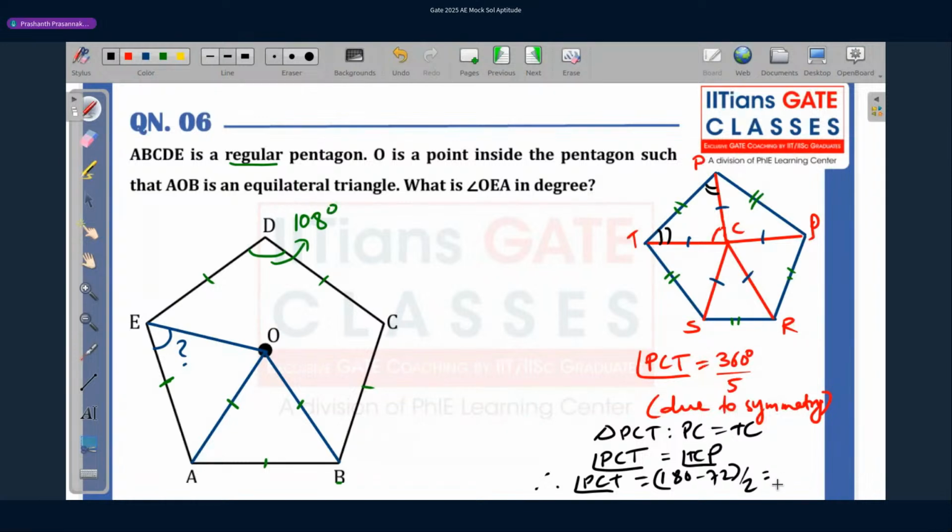How much does this come to? 108 by 2, which is 54. And since these two angles are equal, it is simply 54 into 2, which is 108.